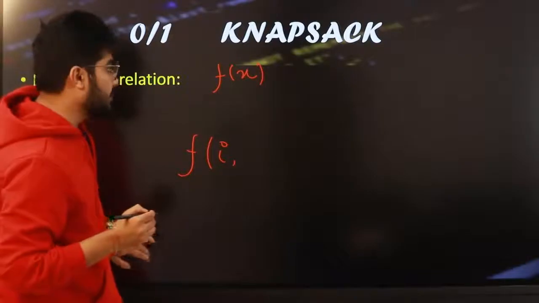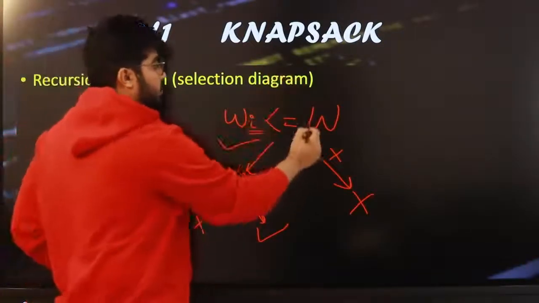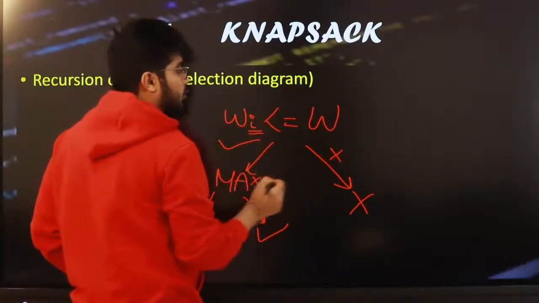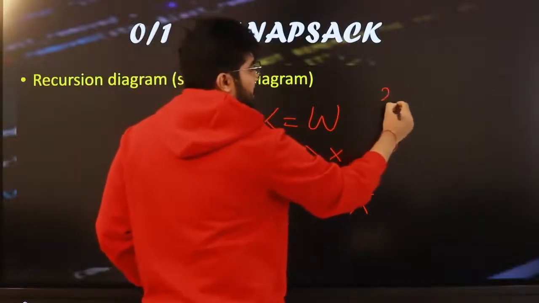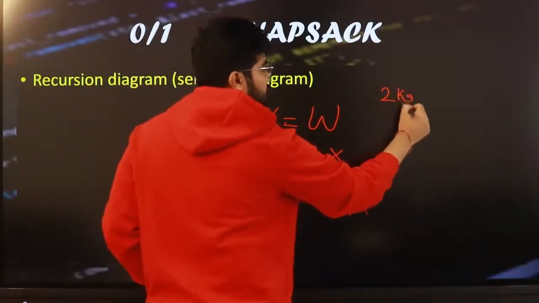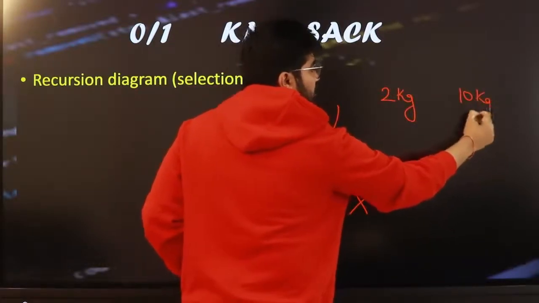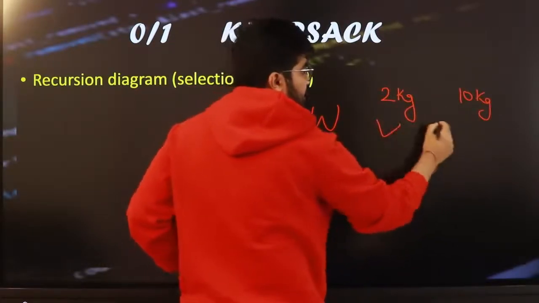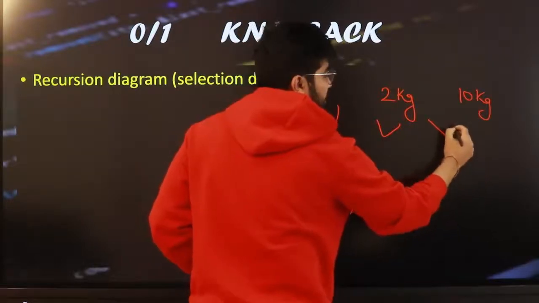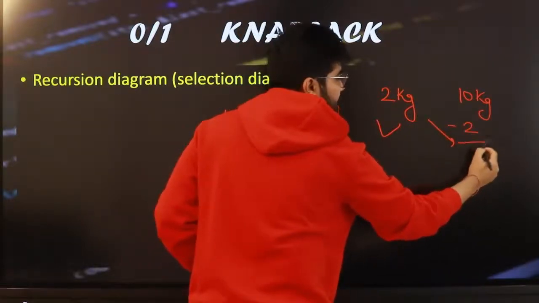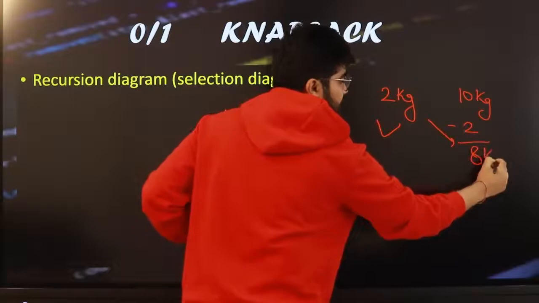What is the next variable? Let's look at it. What if I select this item Wi? Let's say we have an item of 2 kg and the bag capacity is 10 kg. Now if I include this item, then the remaining capacity of the bag will be 10 minus 2, which will be 8 kg.